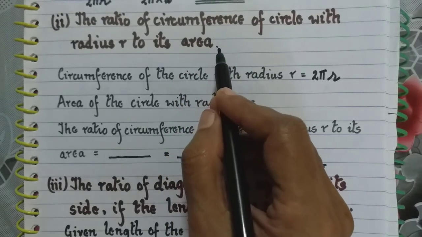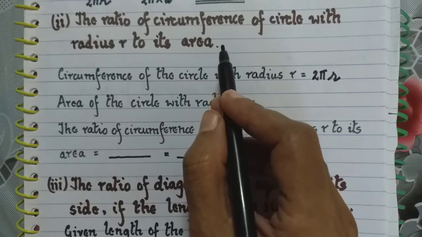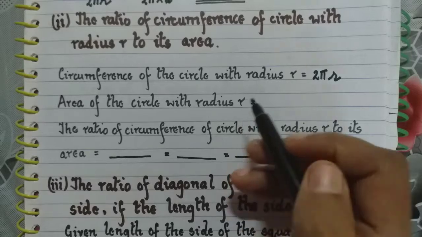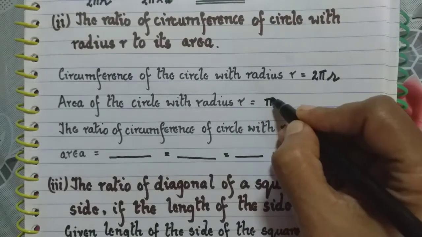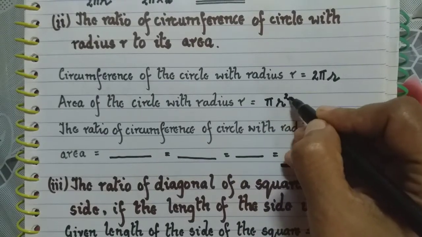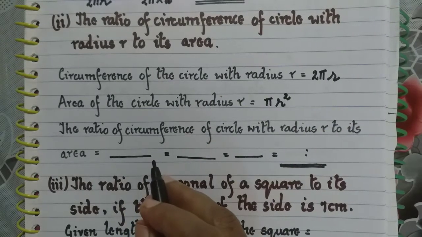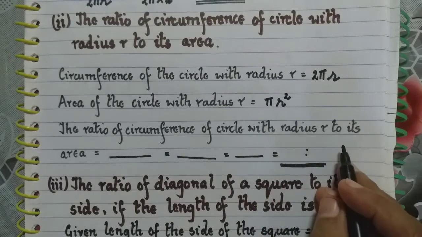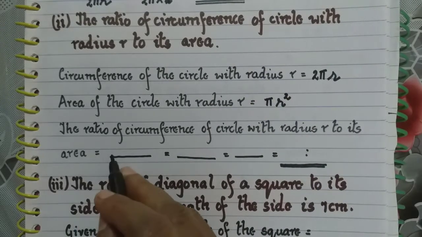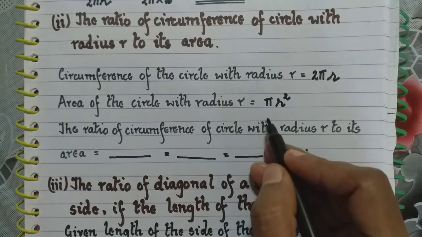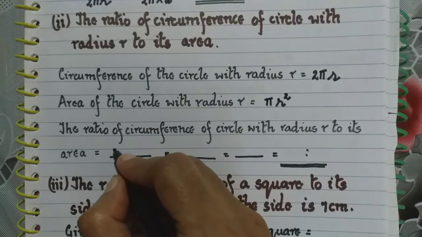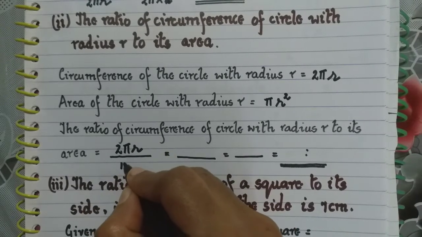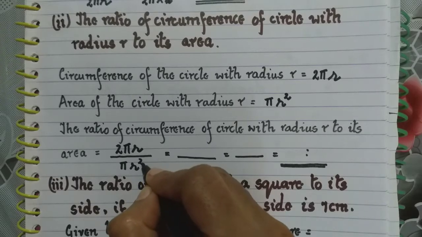Now here you see that we have to take the area, and we know the formula for area of a circle with the radius r is pi r square. So if I have to find the ratio of the circumference of the circle with the radius r to its area, it will be 2 pi r upon pi r square.